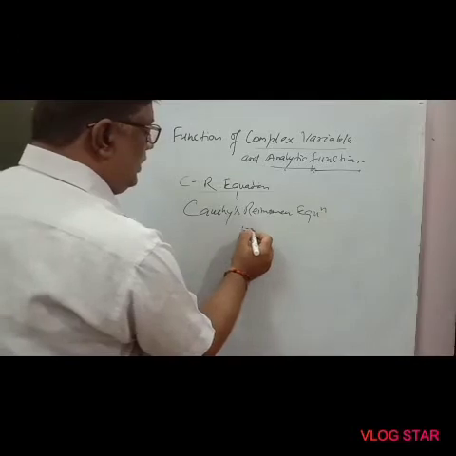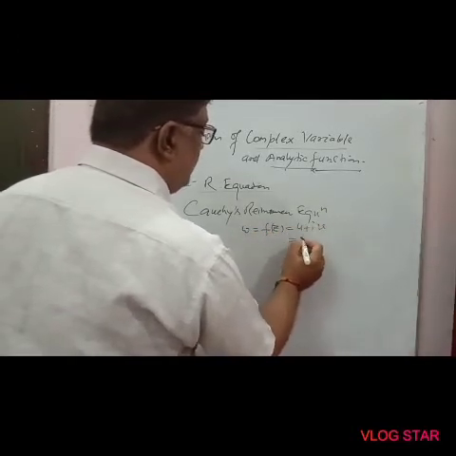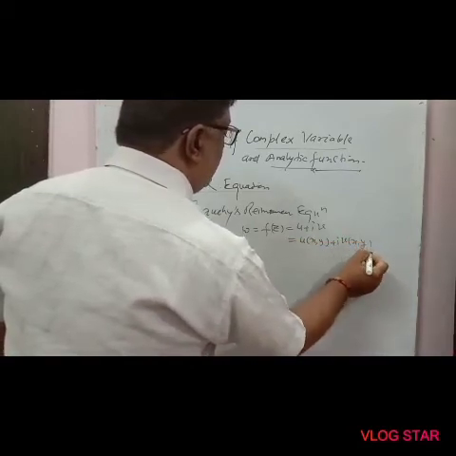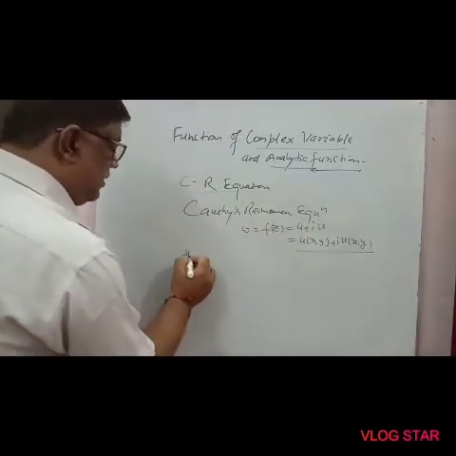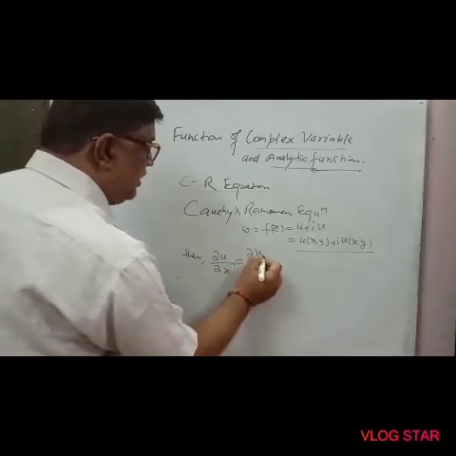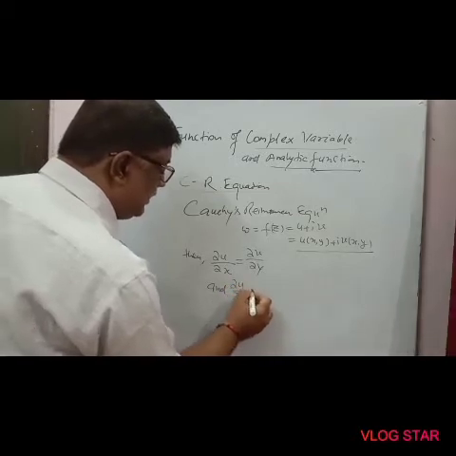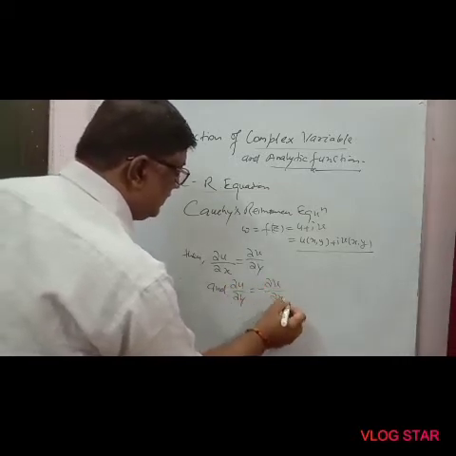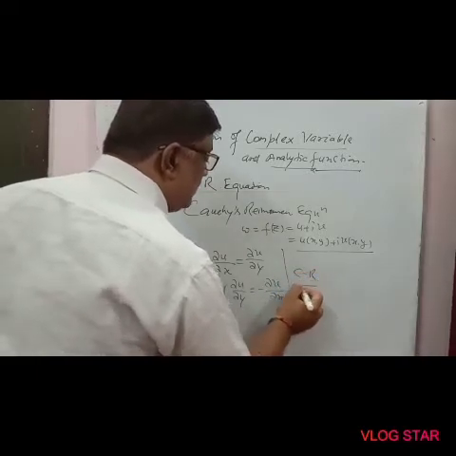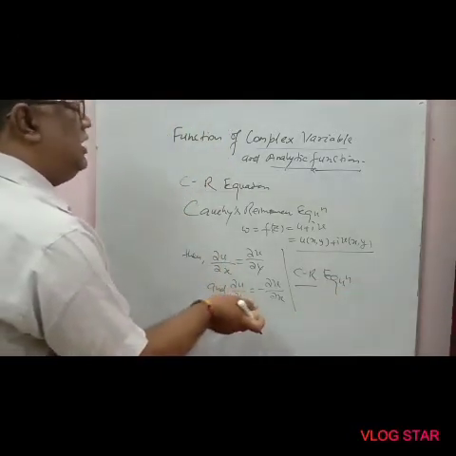We know that w equal to f(z), f(z) equal to u plus iv, where u is a function of x, y and v is also a function of x, y. Then del u upon del x is equal to del v upon del y, and del u upon del y is equal to minus del v upon del x. This is called the CR equation.